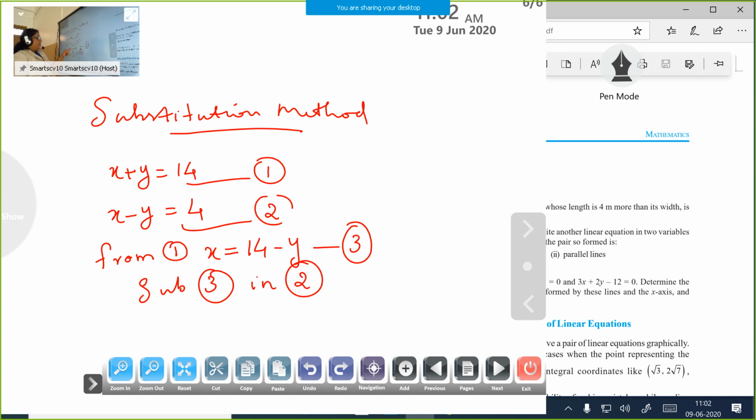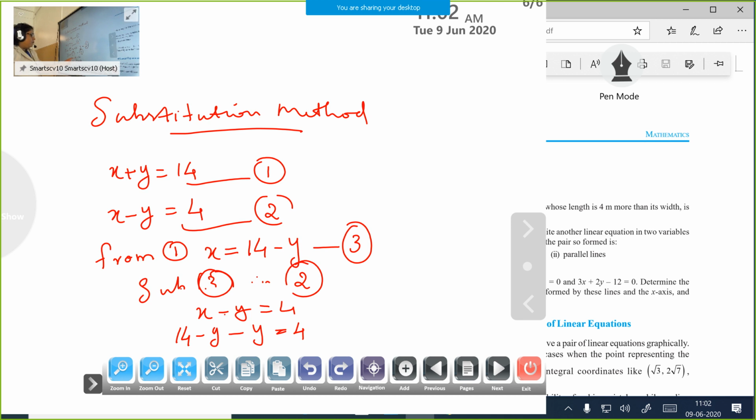Substituting the value of x in the second equation: our second equation is x minus y is equal to 4. Instead of x, you write 14 minus y.